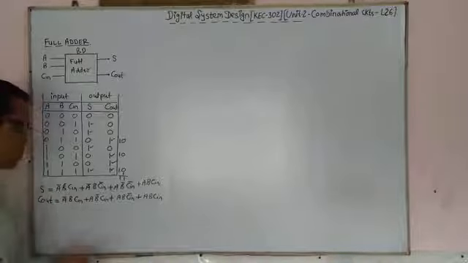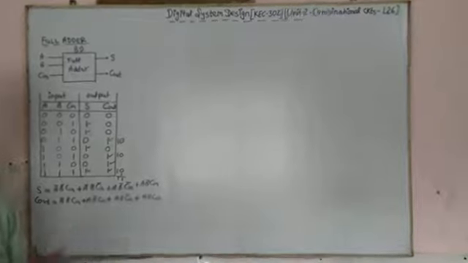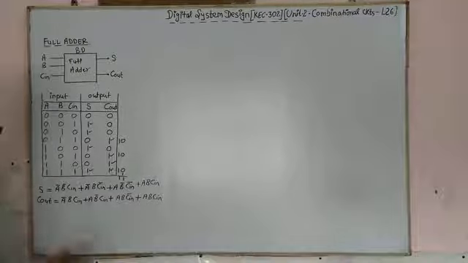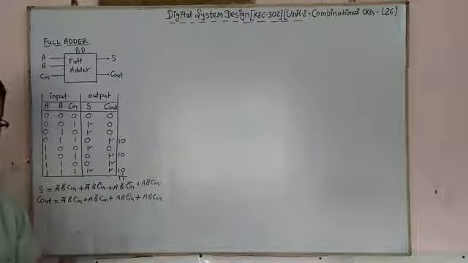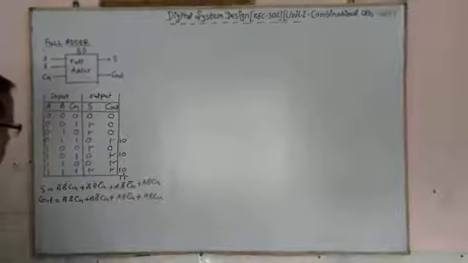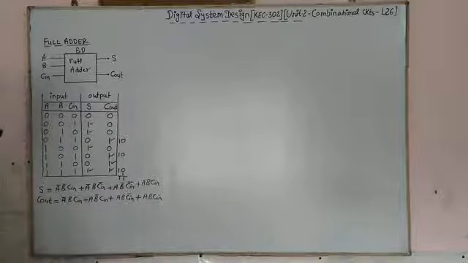You can use any method. If you want to use K-map, you can, since there are 3 variables. If you want to minimize using Boolean algebra, you can use that, no problem. Whatever you want to choose.